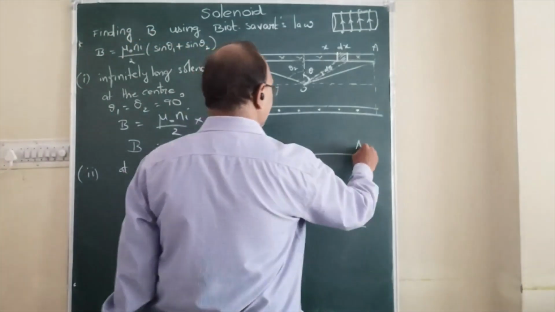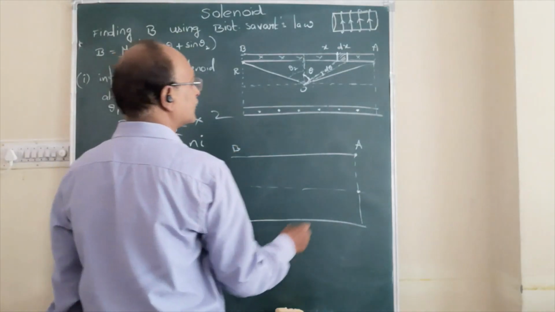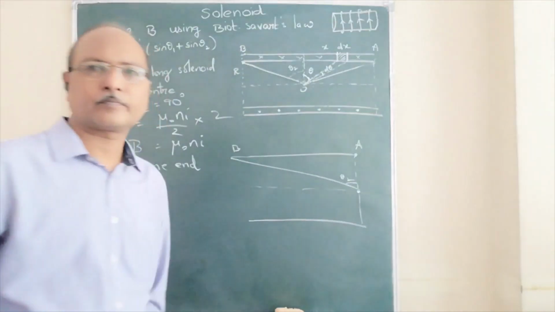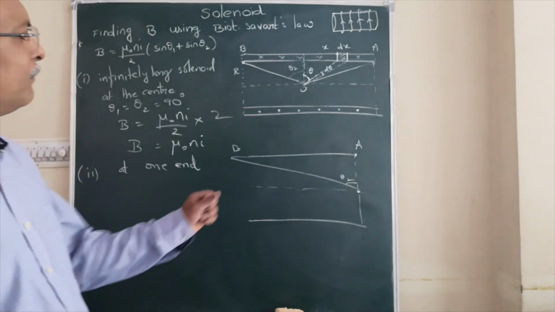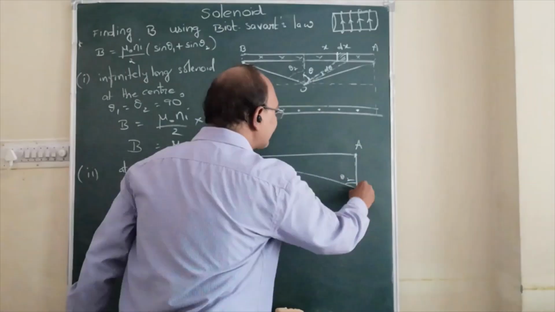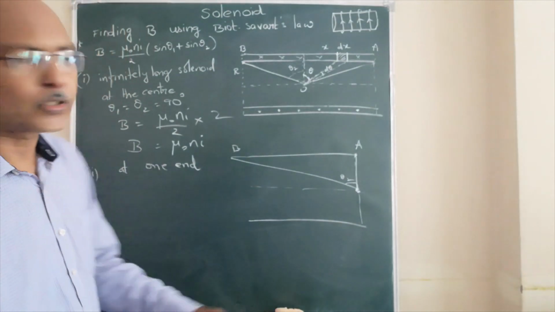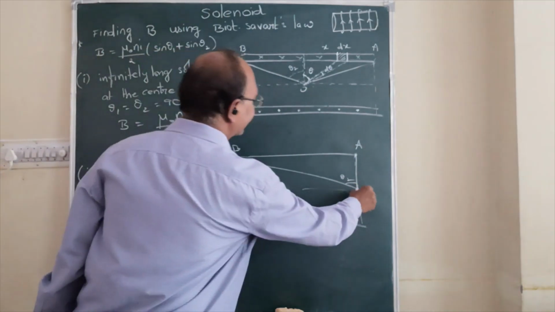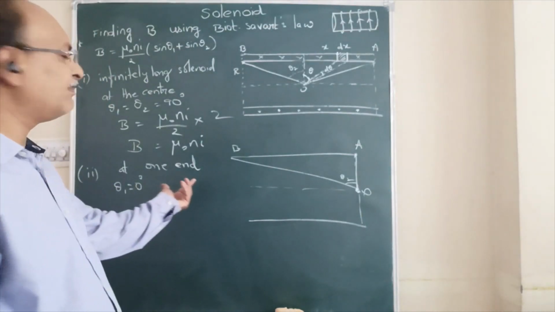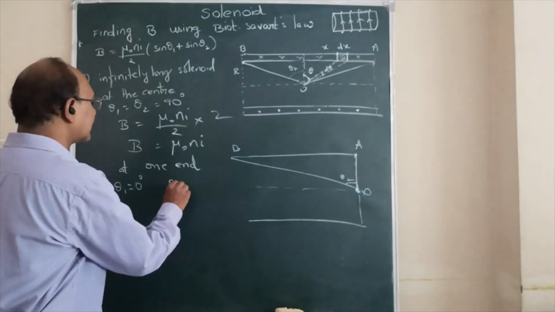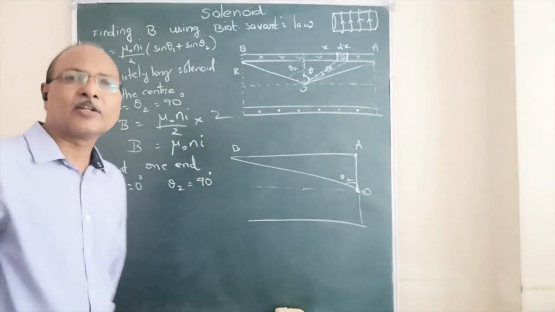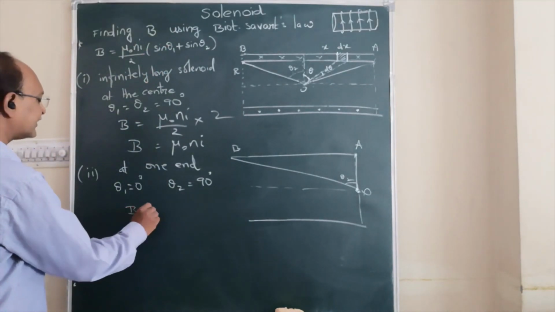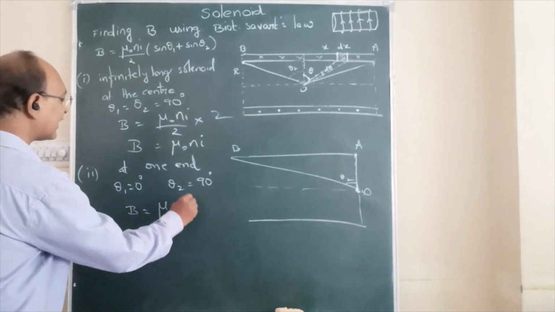Suppose this is A, the other end is B. So this angle is theta 2. Because at this end we are finding the magnetic field at this point, theta 1 will be 0 because O is coinciding with A. So theta 1 will be 0 and theta 2 can be taken as 90 degrees for a long solenoid. In that case, substituting in this formula, we get B is equal to mu naught n I by 2.